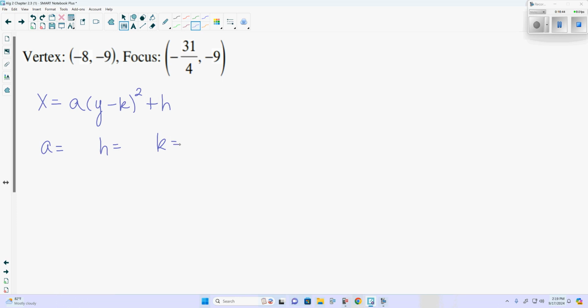Questions on how we got to the general form? When I look at this, I look at the vertex, which is negative 8, negative 9. Our focus is negative 31/4, 9. So 8 changed to negative 31/4, and the 9 didn't.